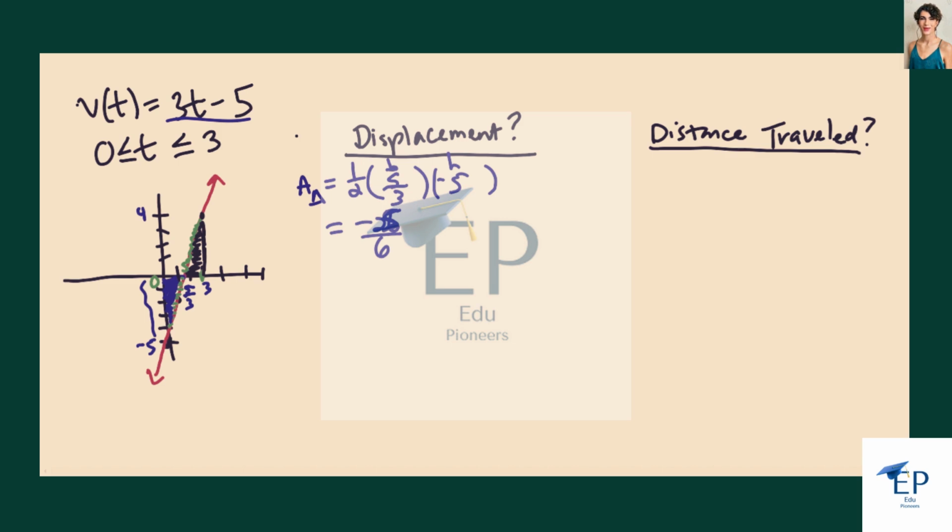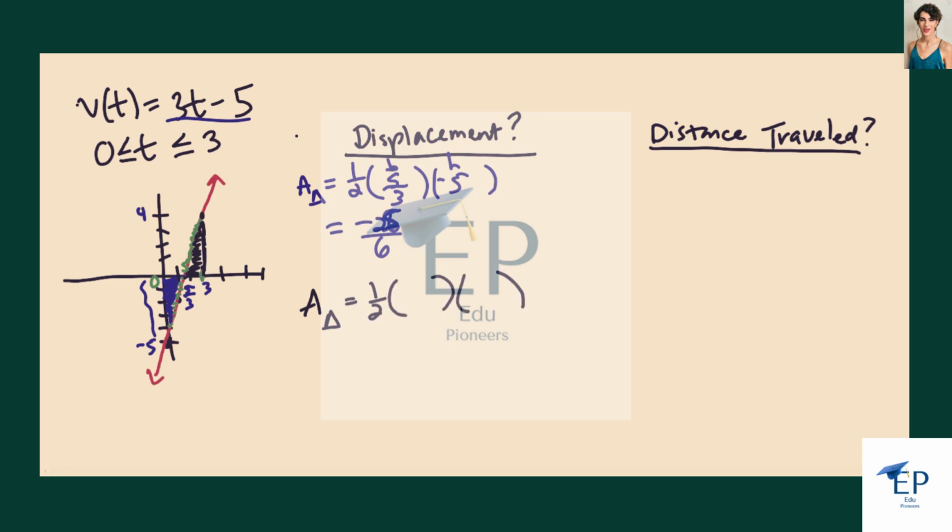Now let's look at the part where it's going forward. It has forward velocity from time equals 5/3 to time equals 3. To find the area under the curve, which is the distance that the particle travels in the positive direction, we're going to find the area of that black triangle.